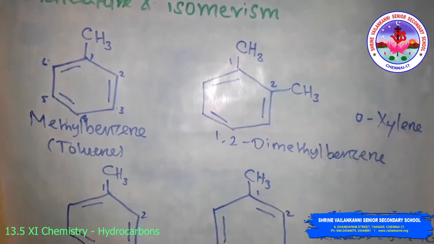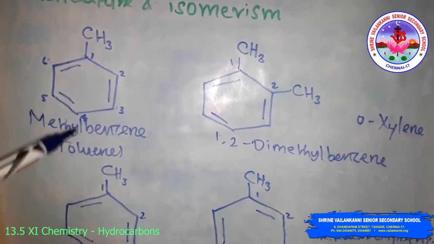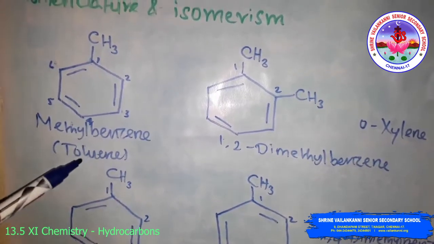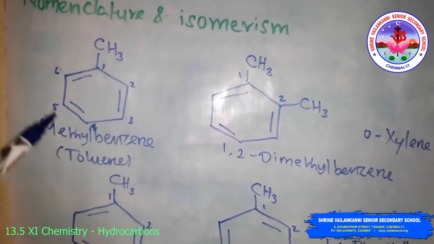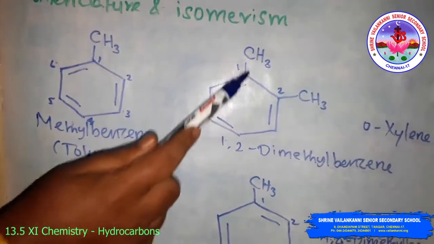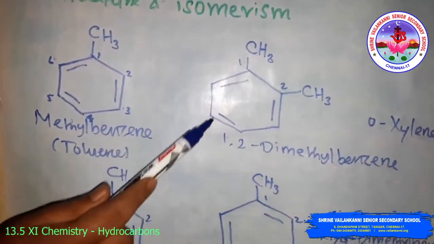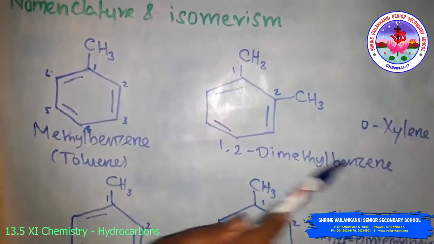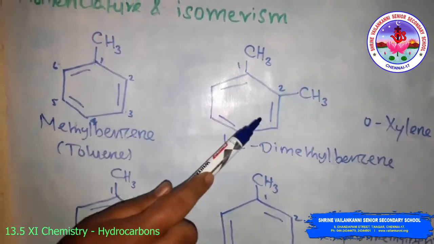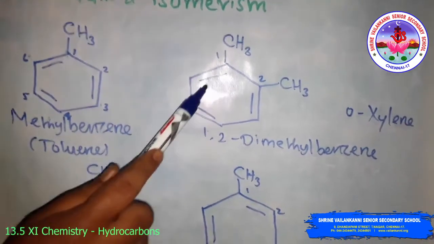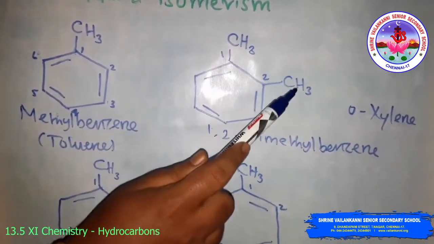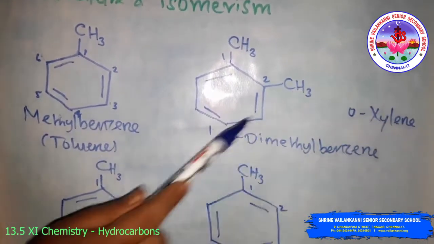These are the derivatives of benzene. The first one is methyl benzene, commonly called toluene. The IUPAC name is methyl benzene. Suppose 2 methyl groups are present at the ortho position: the IUPAC name is 1,2-dimethyl benzene, and the well-known common name is orthoxylene.